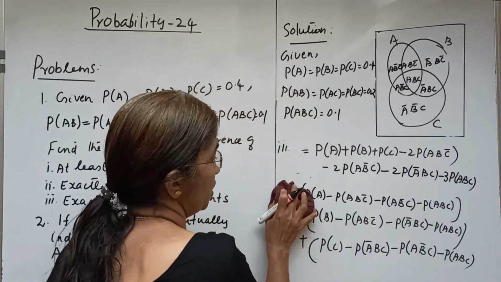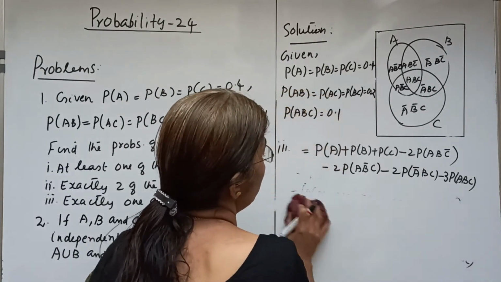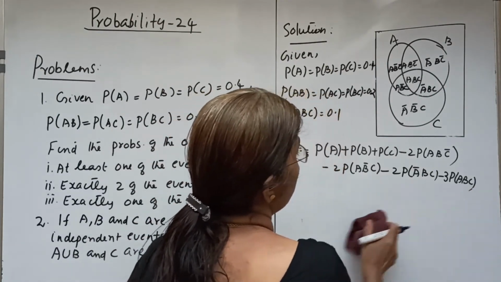So we can obtain these probabilities. We have to write P of A B C bar.